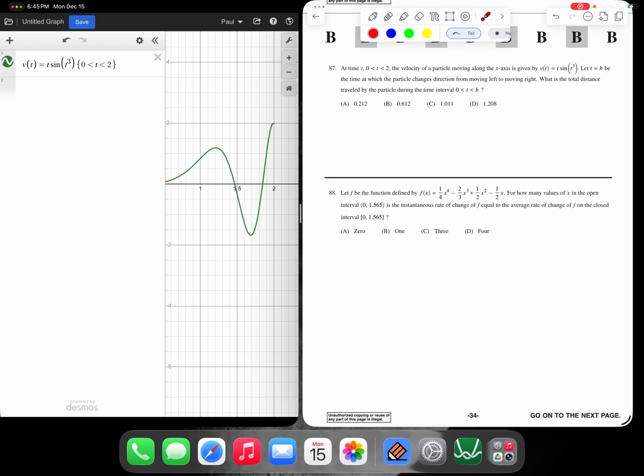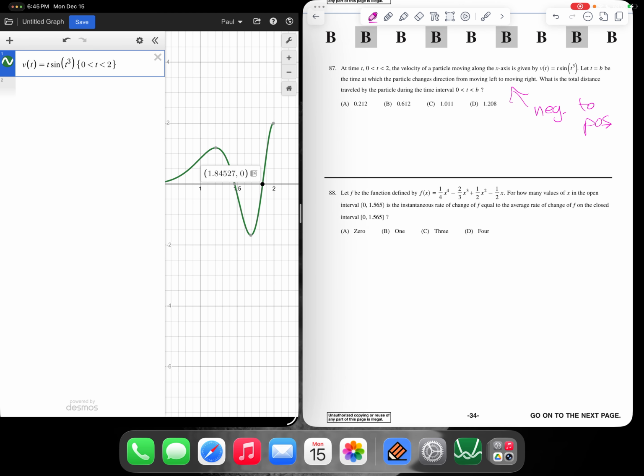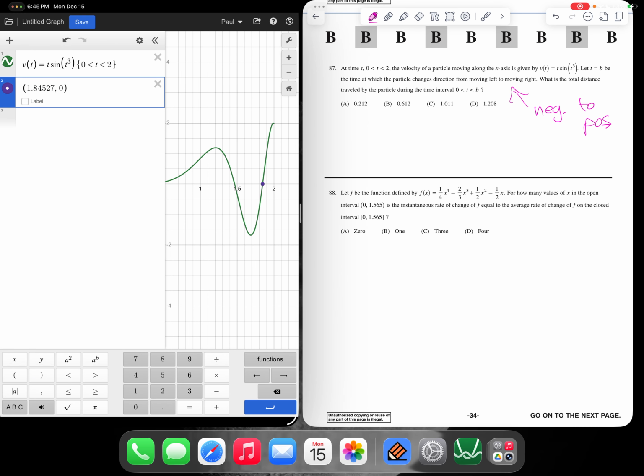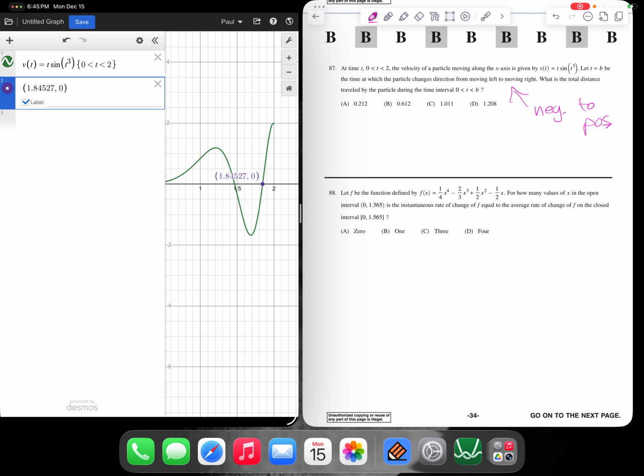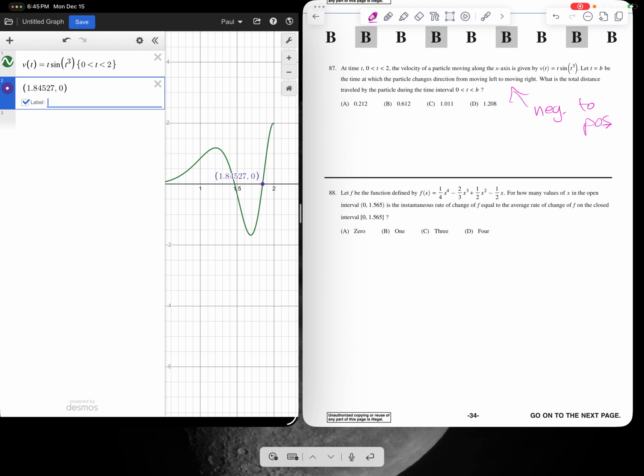When this graph goes negative, it's moving to the left. So the first time it goes from moving left to moving right would be when it switches from negative to positive, which looks to me like it happens here at this 1.84527. I'm thinking that's the point that the problem is calling b.